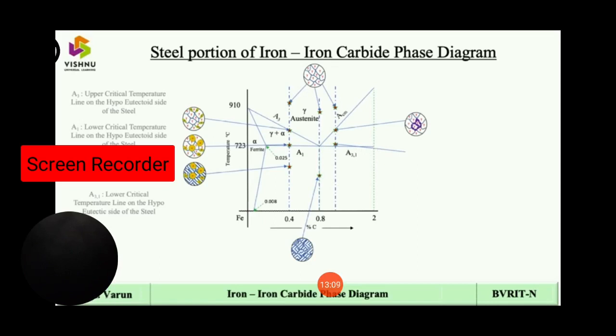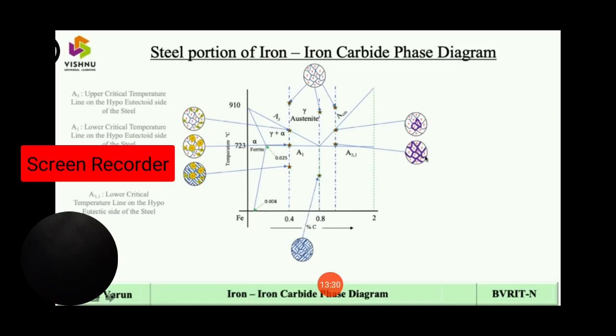And the austenite tries to maintain only that percentage of carbon which is required for the eutectoid reaction, which is 0.8 percentage of carbon, and the rest of the carbon will form a cementite network around the austenite grain boundary.